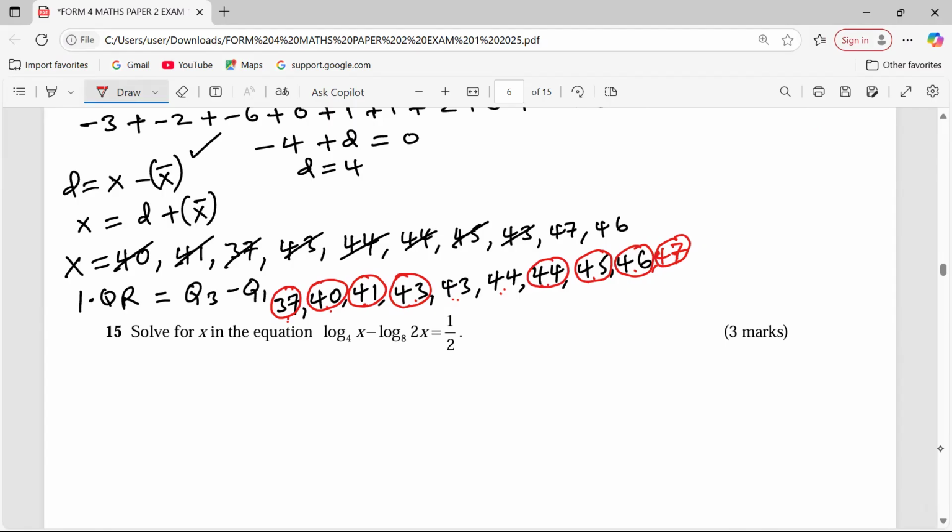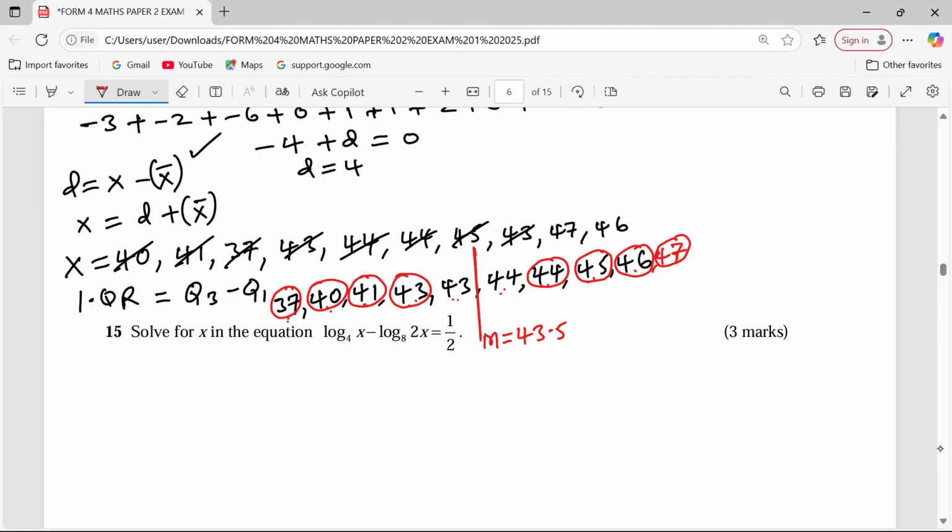So the first thing is to get median. The median shall be a value between 43 and 44, which is 43.5. So the median is the value at the middle.